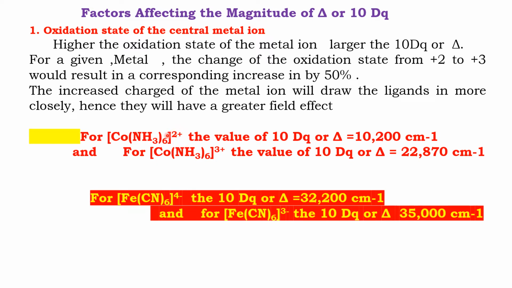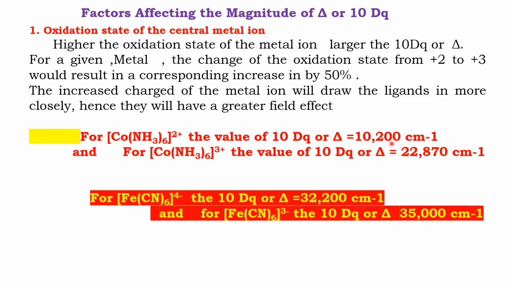See the example? I have the Co(NH3)6 2+ ion. Here cobalt is in the +2 oxidation state. And I am taking another complex where cobalt is in the +3 oxidation state. The metal is cobalt, the ligands are ammonia, but the oxidation state of one is +2 while another is +3. For the first complex, the 10Dq value is 10,200 centimeter inverse.